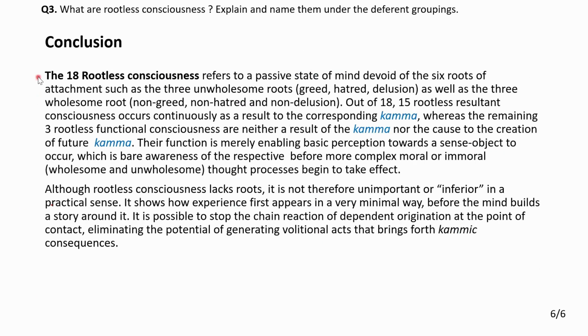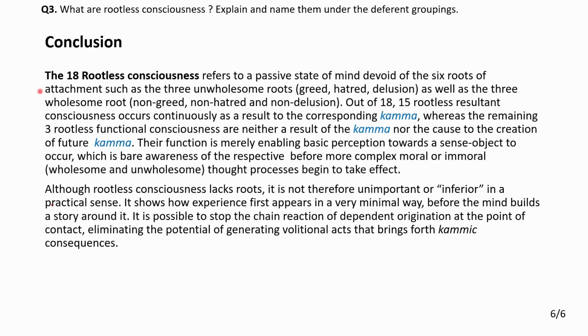In summary, the 18 rootless consciousness refers to the passive state of mind, devoid of the six roots, such as the three unwholesome roots, greed, hatred, delusion, as well as the three wholesome roots, non-greed, non-hatred, and non-delusion.